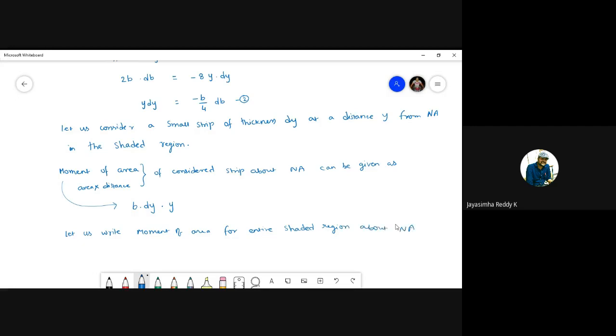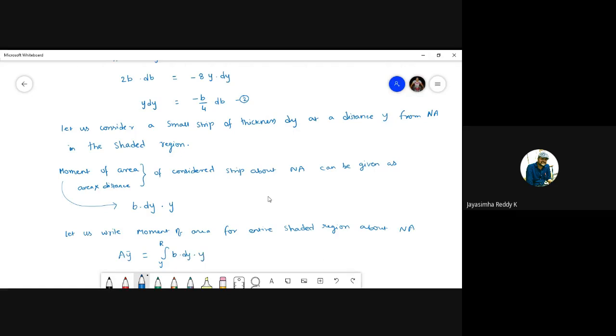Okay, students. So if I try to do this, what happens is A y bar. I am assuming A y bar as moment of area of the entire shaded region. A y bar will be, so I can integrate this. The integral of this equation with the limits y to r gives me moment of area of the entire shaded region. Okay. So I hope you all got this equation, students.